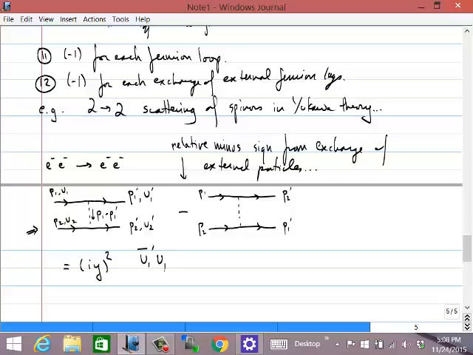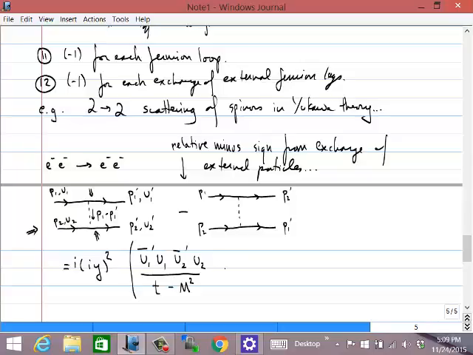So that's a scalar. It comes from contracting fermion indices along this top line here. And you get a u2 bar prime u2 from contracting indices along that bottom line. And then you have the scalar propagator, which gives you i over the momentum (p1 minus p1 prime) squared minus m squared. So that's what we call t minus m squared, where t was that Mandelstam variable.